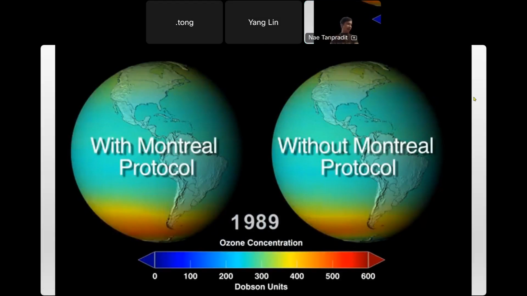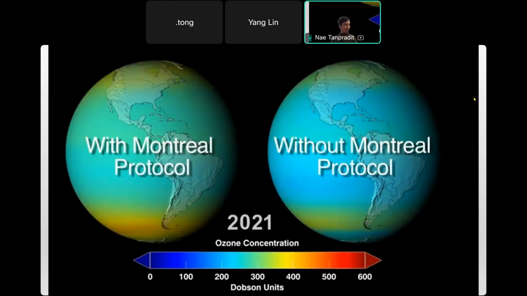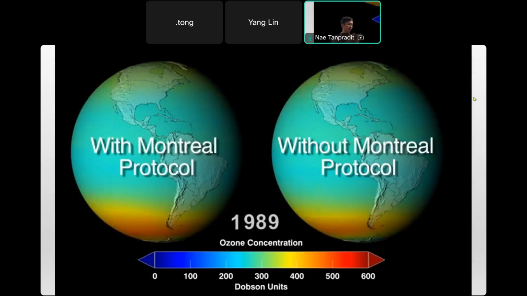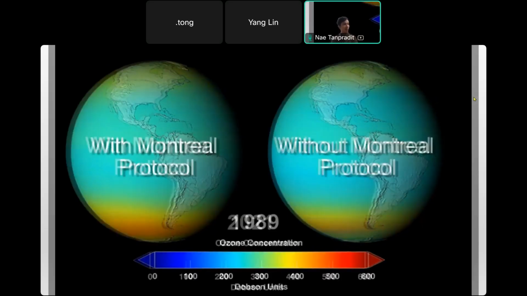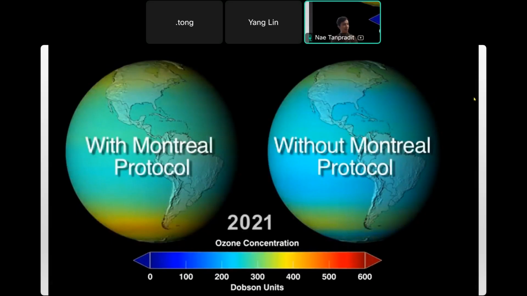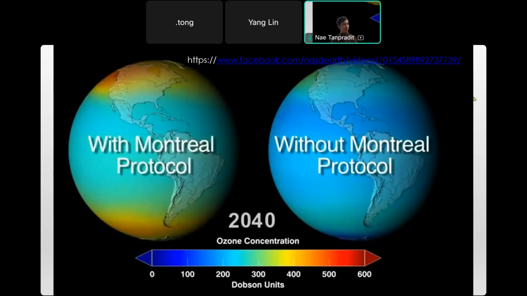This is when they have the projection, the calculation, with and without the Montreal Protocol. They have the model for the ozone layer. With the Montreal Protocol, which is the real situation now, the ozone layer all over the world is still okay. You see, it's not reaching the blue ones. But without the Montreal Protocol, it's going to be more blue, maybe darker blue like this.